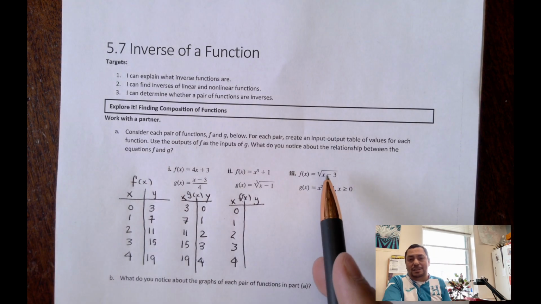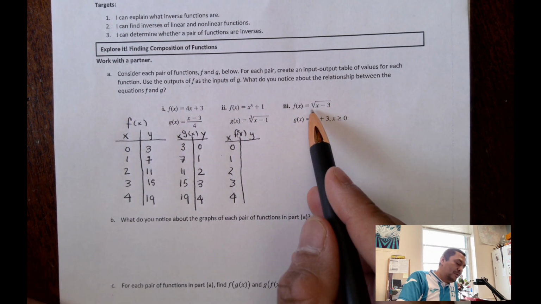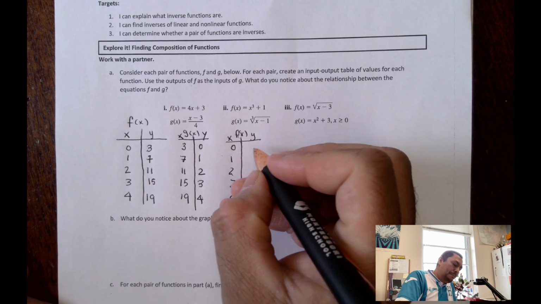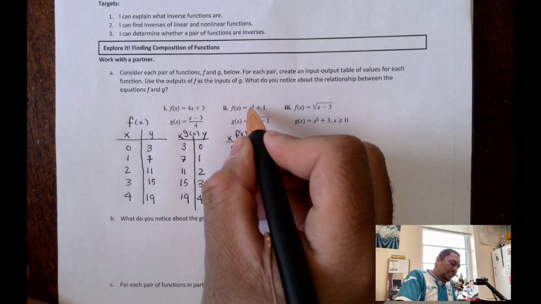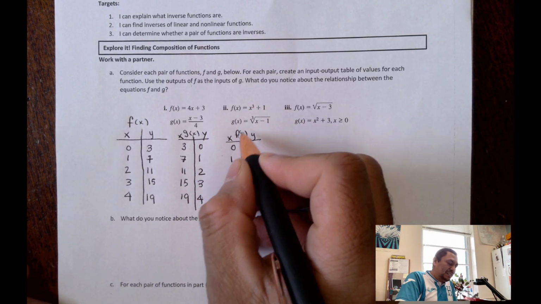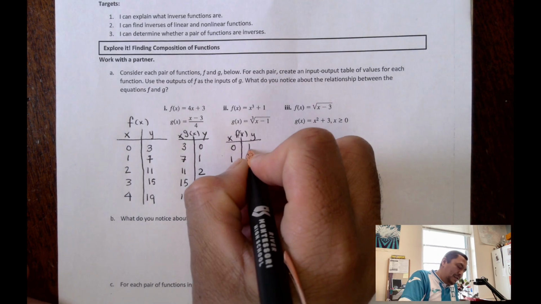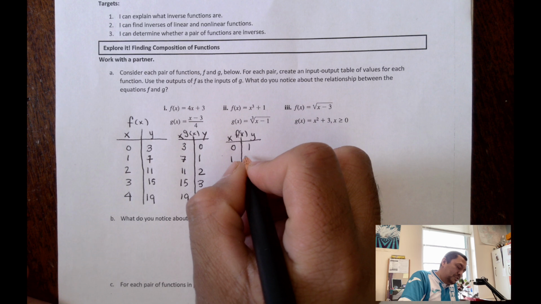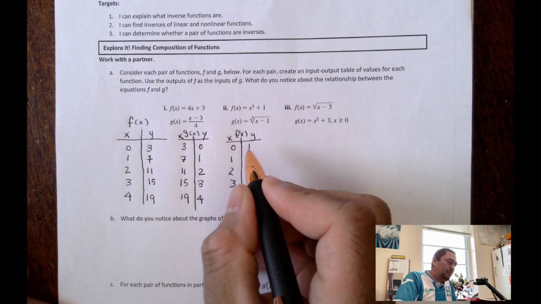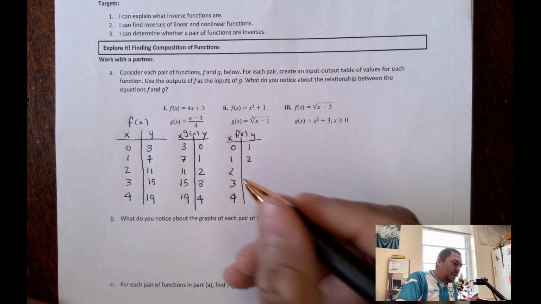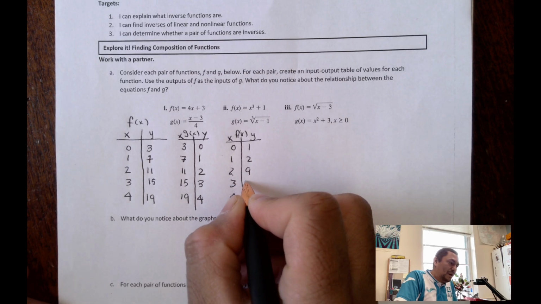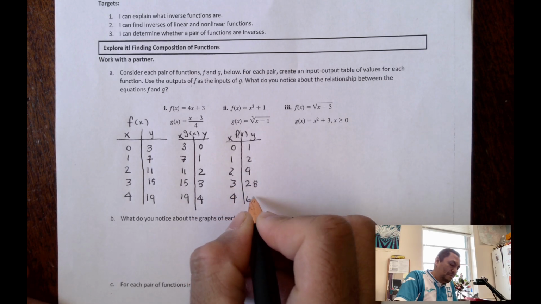For the cube root function I'm going to be very careful with my numbers. I don't want to put negative numbers there. So 0 to the third power is 0 plus 1 is 1. And then 1 to the third power is 1 plus 1 is 2. Then 2 to the third power is 8 plus 1 is 9. And so on. I'm going to have 28 and 65.